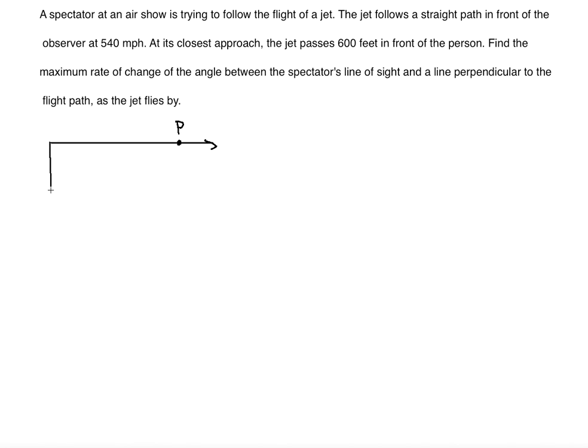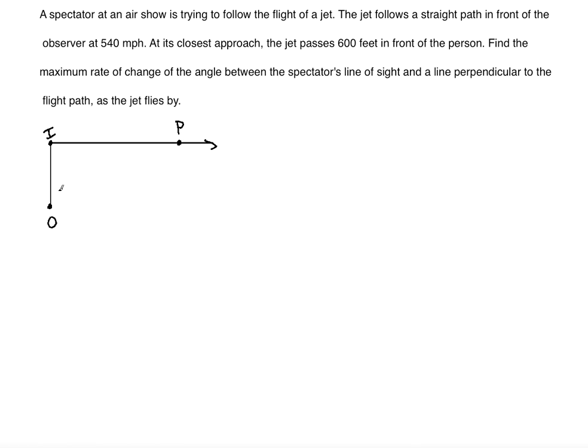Let's label the intersection point. Like here, I'm going to draw the observer here on the ground level, and label this O, and the intersection point of the flight path and the line perpendicular to the flight path, I'm going to label it as I.